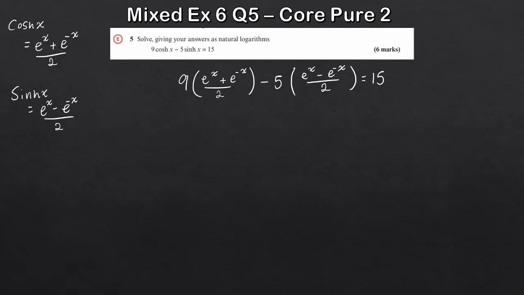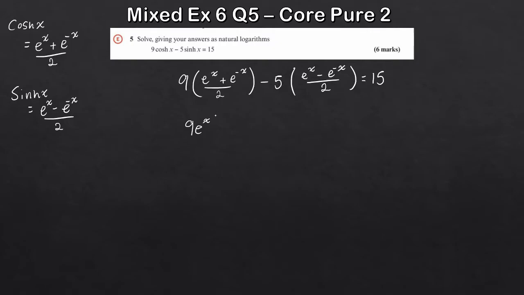Well, what I could do here now is times through by 2. It'll get rid of this denominator of 2. If you think about it, this is technically 9 over 2, and this is minus 5 over 2. So if I times through by 2, we'll get it in terms of integers rather than a ratio. So I'm going to times through by 2 and then expand as well.